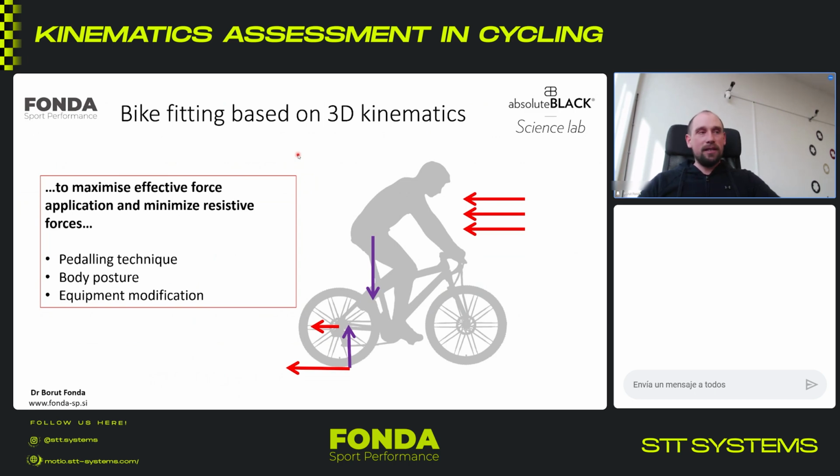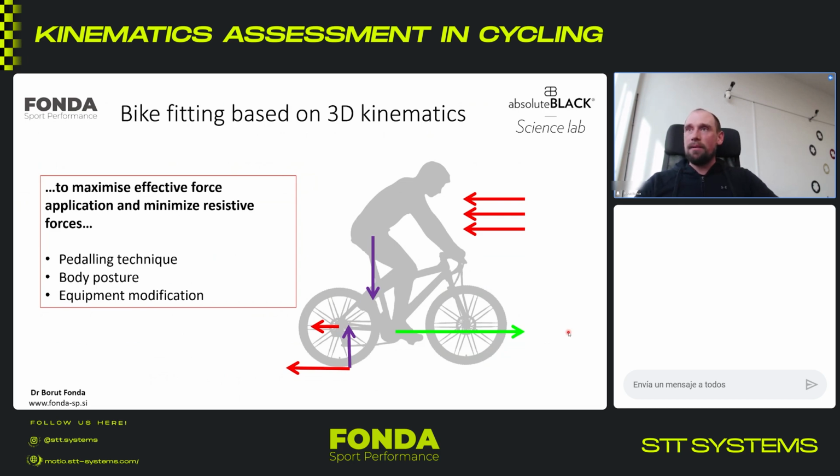Then we have the gravitational force, which is more important when we're going uphill. Then we have frictional losses of our drivetrain, and frictional losses between the tires and the surface on which we're riding. And the force that we generate needs to be bigger than all those resistive forces.